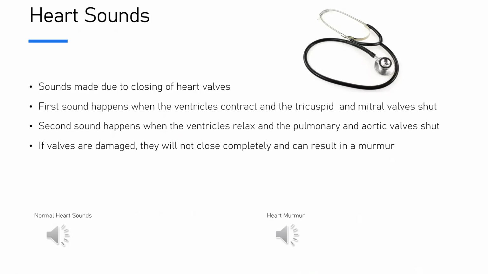The second sound, the boom, is when the ventricles relax and the pulmonary and aortic valves shut. If those valves are damaged, though, they're not going to close completely, and that will result in a murmur. And a murmur, when you hear it, sounds more like a washing machine.